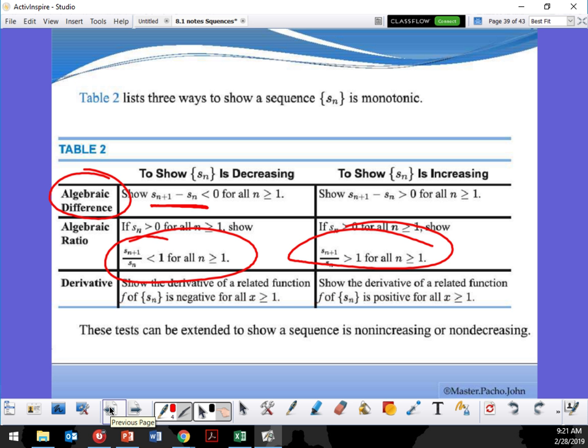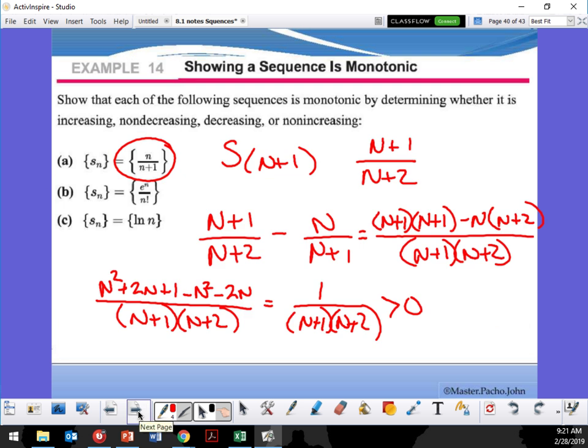It's increasing. Ways to show sequences monotonic. These tests can be extended to show sequences non-increasing, non-decreasing. So for this one, we know that it is going to be increasing. Monotonic. Okay. It's not bad, right?